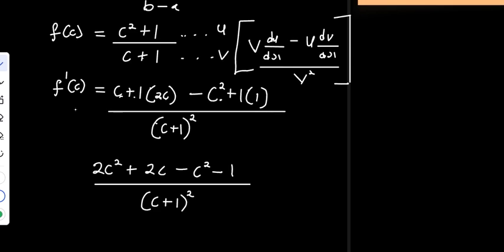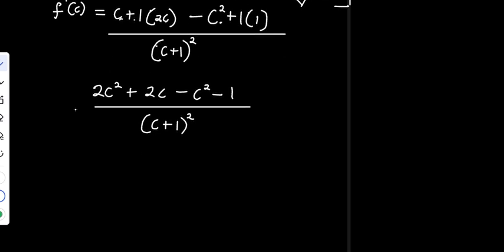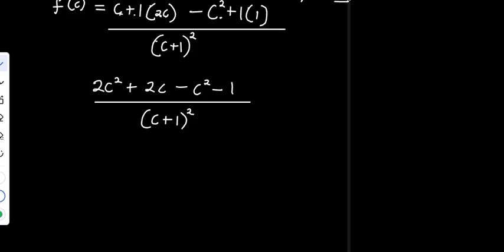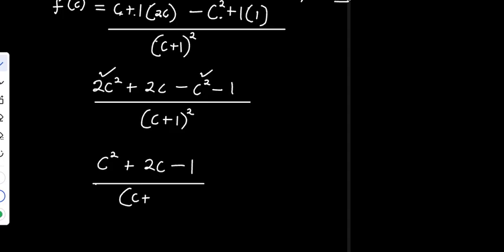The next thing to do, let's evaluate the numerator. I have like terms: 2c squared and c squared. We bring them together, and 2c squared minus c squared gives us c squared. So we have c squared plus 2c minus 1, divided by c plus 1 all squared.